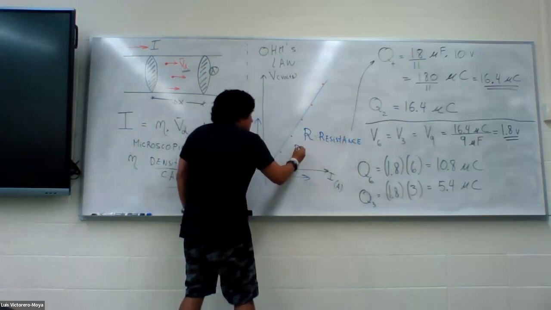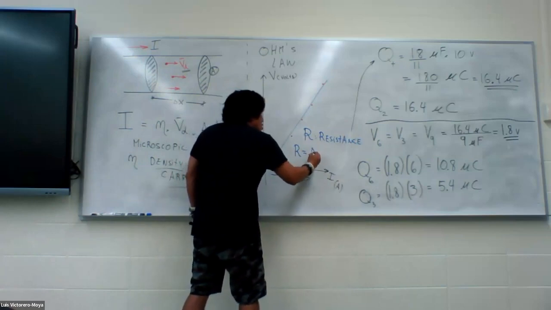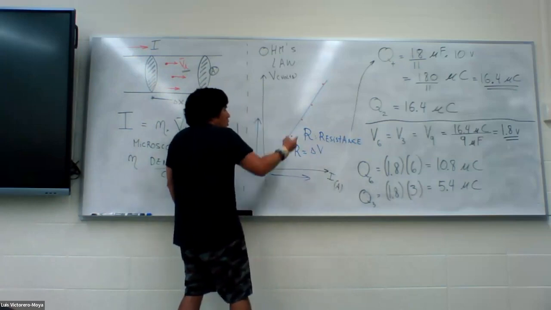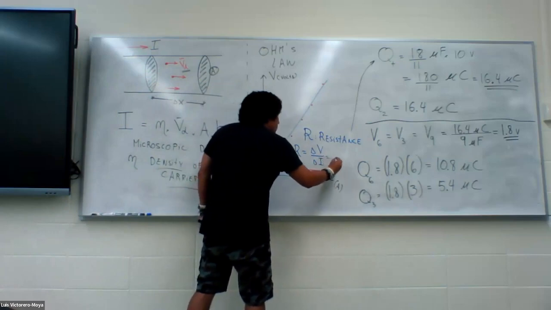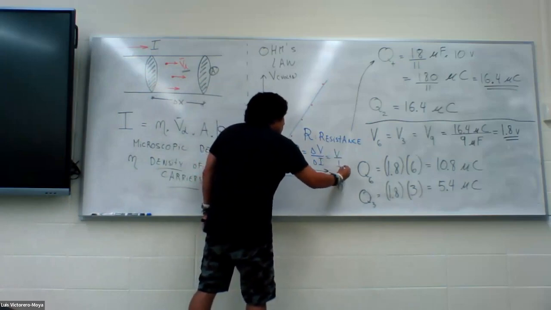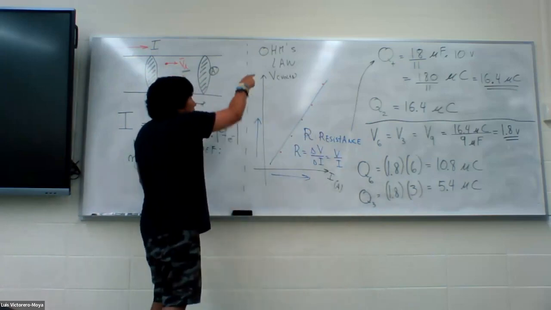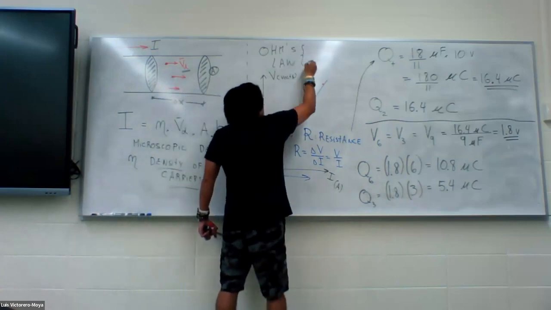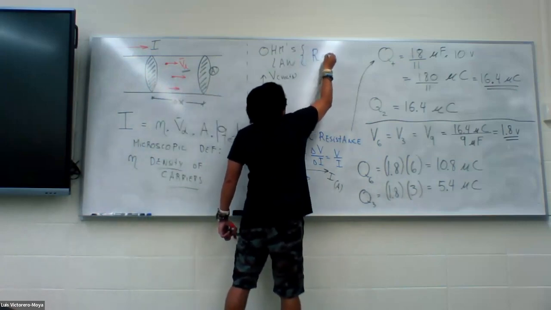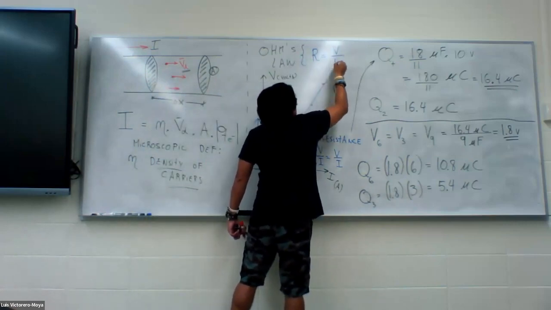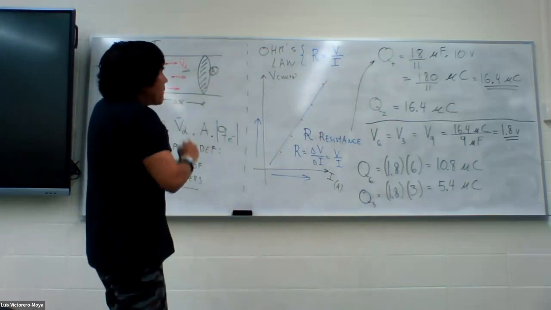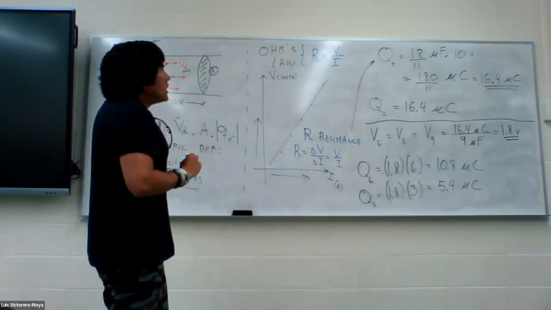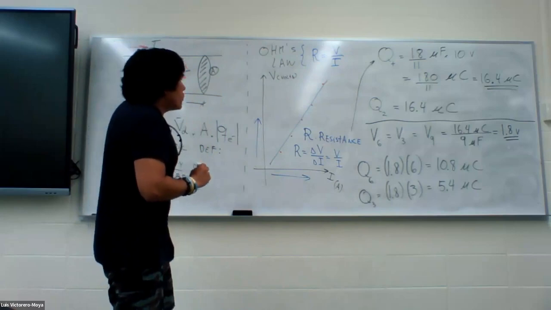The resistance is defined as the change of voltage, or V divided by I. That's Ohm's law, right here: R equals V over I. Voltage over amperes will give you the units of ohms.